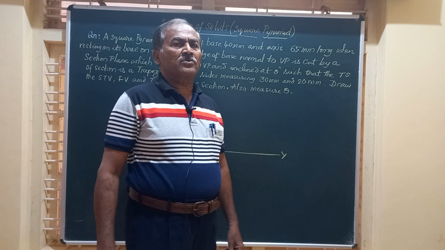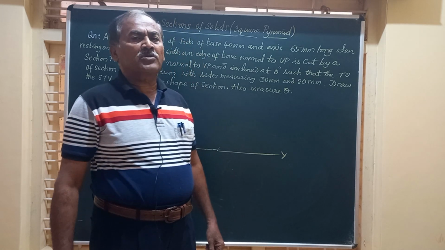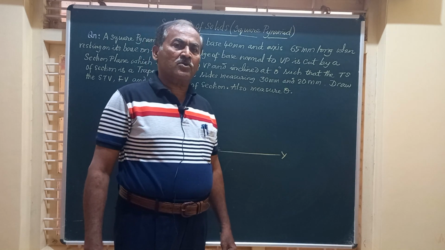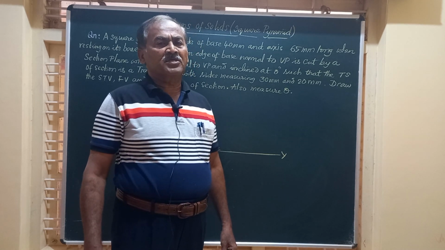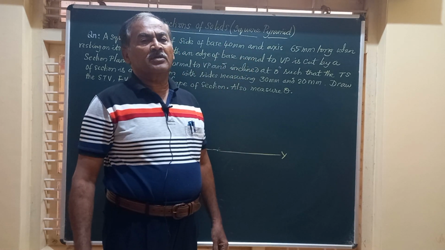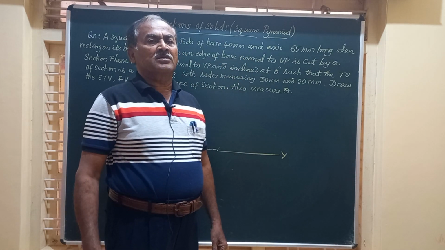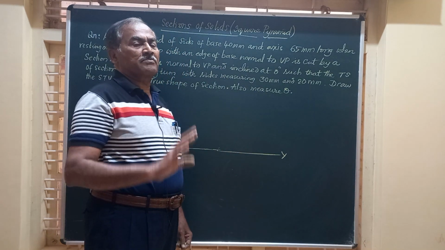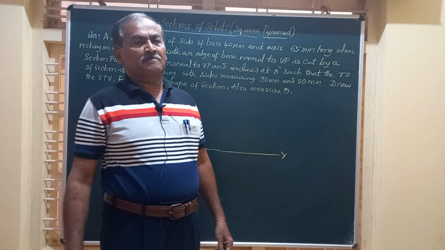In today's video, we are going to work out a problem on the sections of a square pyramid which is cut by a section plane which is normal to VP and inclined to HP such that the true shape of this section is a trapezium of the given side.